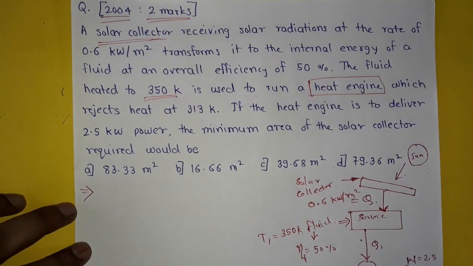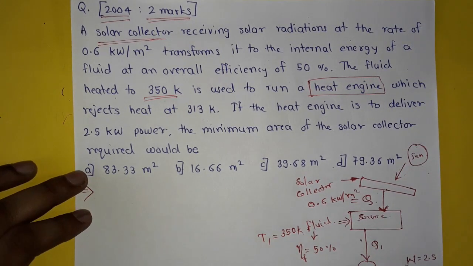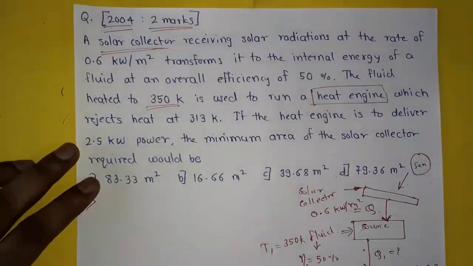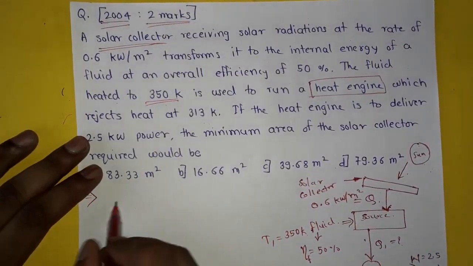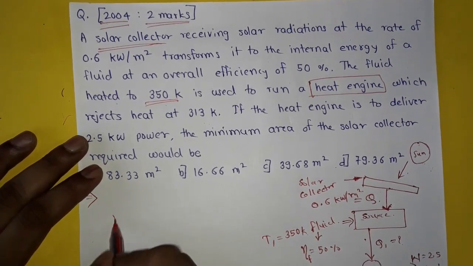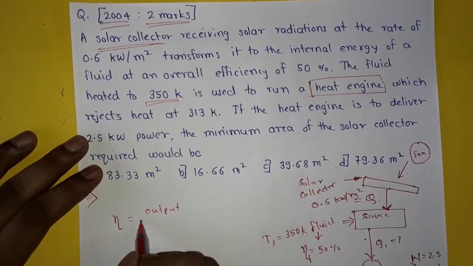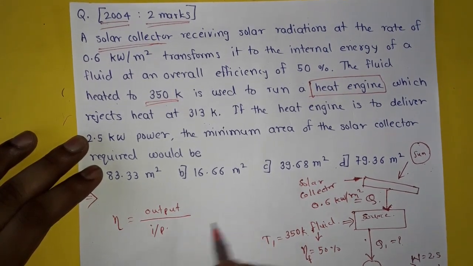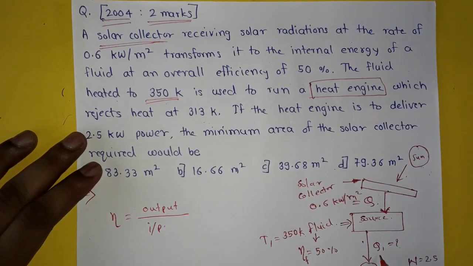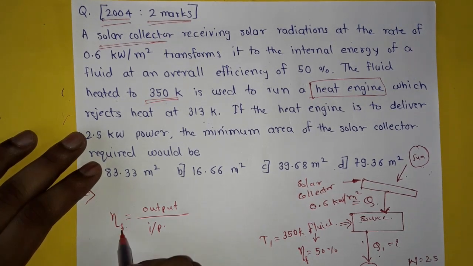So we have to find Q1 first. Q1 is equal to what? To find Q1, the general formula of efficiency is efficiency equals output upon input. Here the output is Q1 in the fluid case, that is, efficiency of fluid.